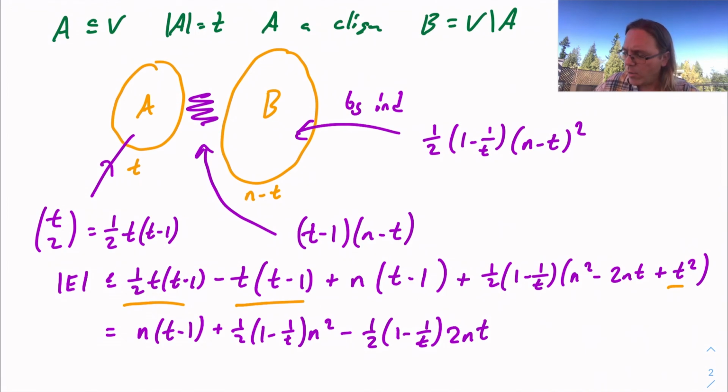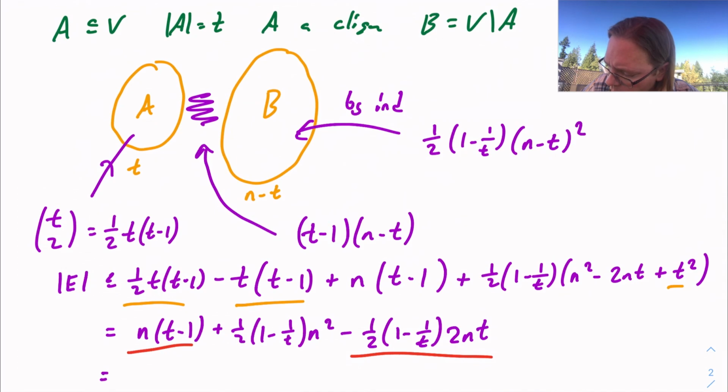And now let's look to see what's happening. This term n times t minus 1 is in fact canceling with this. When you take this t times 1 minus 1 over t, that just turns into a t minus 1. The 2 and the 1/2 cancel. So the two terms I've underlined in red are just the same terms with opposite signs, and so they cancel each other.